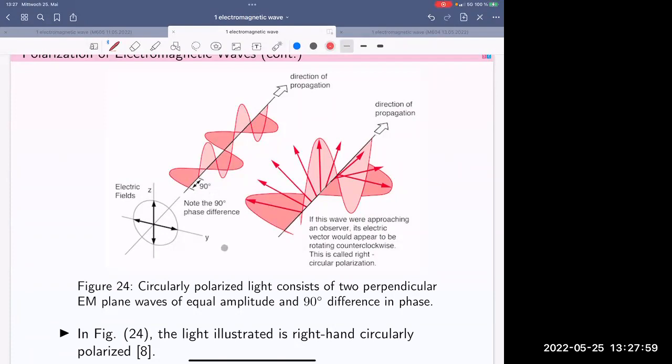It means that we have two waves actually. The first wave has the E field in the horizontal plane. The second wave has the electric field in the vertical way. And once they combine, you're going to see that the electric field gradually rotates as they move in this direction.